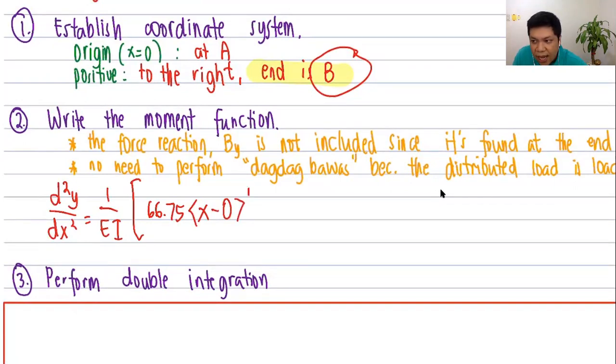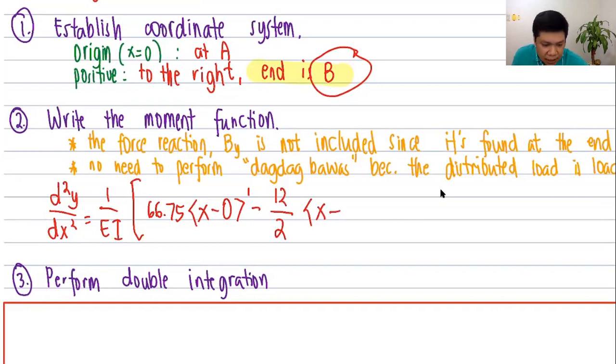Next, how about the uniformly distributed load? So it's omega over 2. The intensity is 12 kilonewtons per meter, omega all over 2. The load is downward, so negative. X minus a, where is the start of the uniformly distributed load?